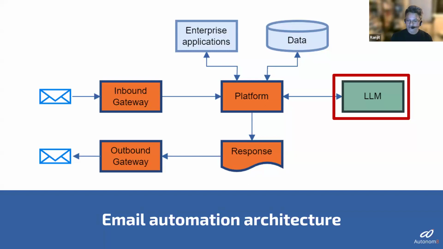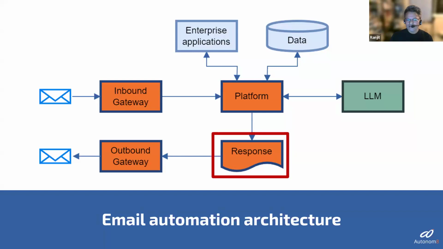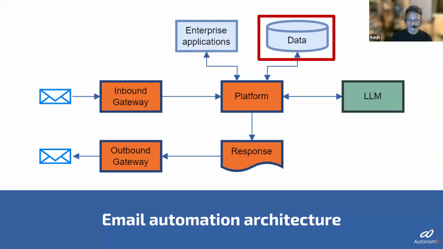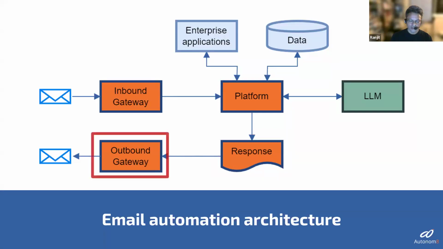The model comes back with a response. We can do some post-processing on the response, and then we send it out through an outbound gateway back to the recipient. So this is broadly what the email automation architecture looks like.